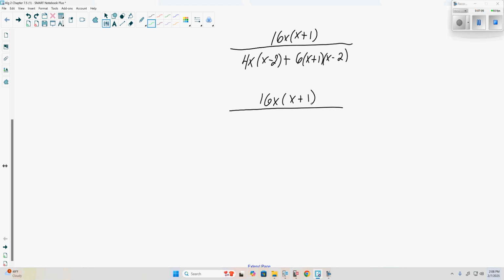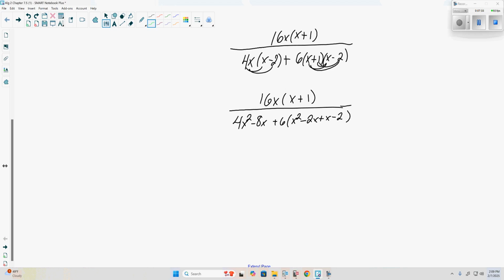On the left, we'd have 4x times x, which is 4x squared. 4x times negative 2 is negative 8x. Plus 6. We'll multiply through our x plus 1 and x minus 2. X times x is going to be x squared. X times negative 2 is negative 2x. 1 times x is positive x.